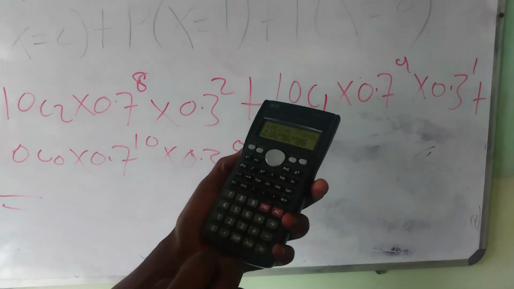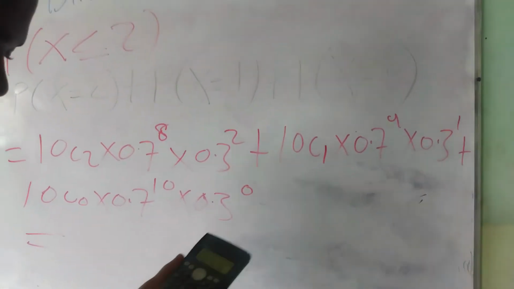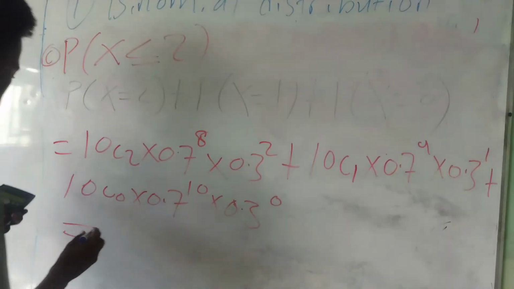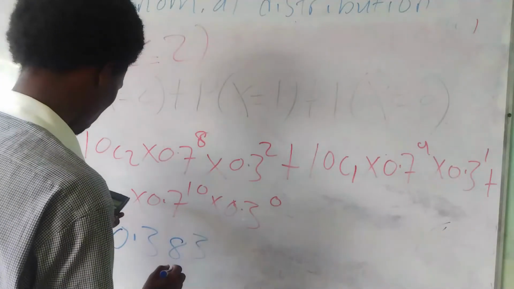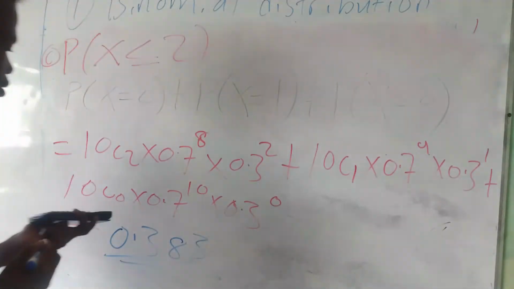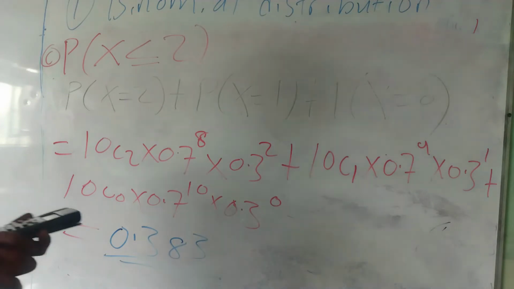So this is the solution for this question. 0.38 is our final answer, 0.383 to 3 decimal places. So that is the solution for the third part of this question.